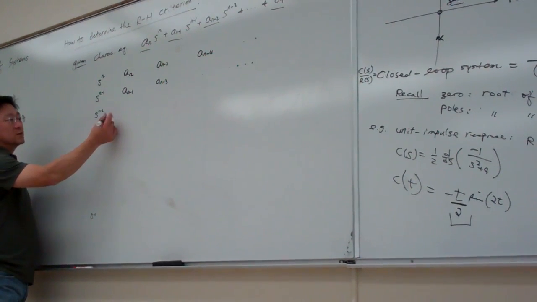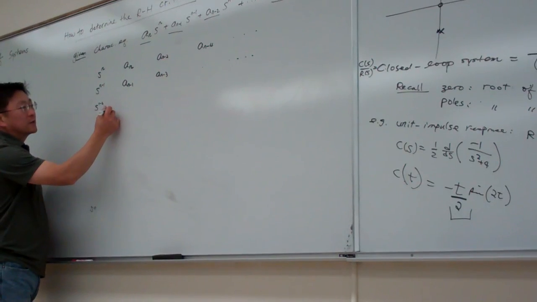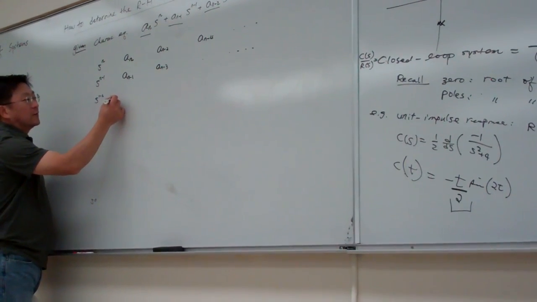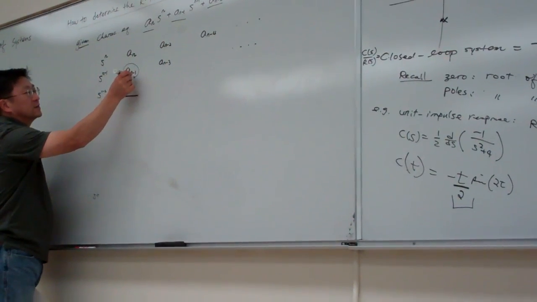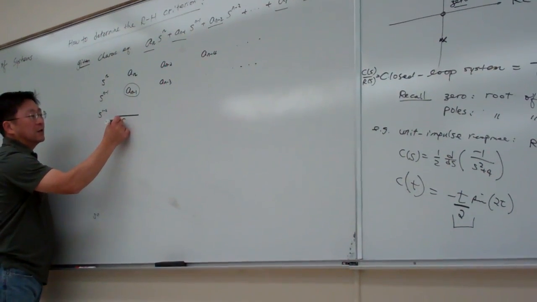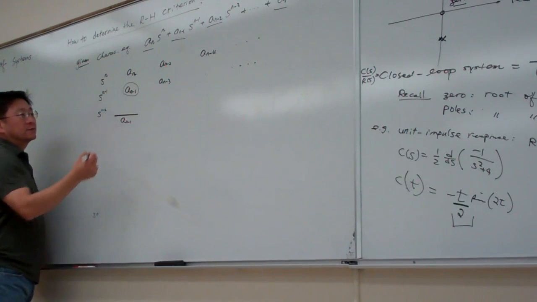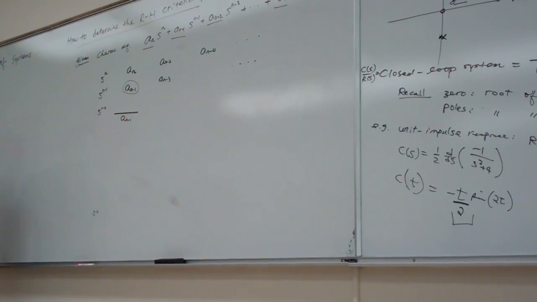The formula is this, so look at it carefully. For this one, we take this as the pivot and divide by that number.